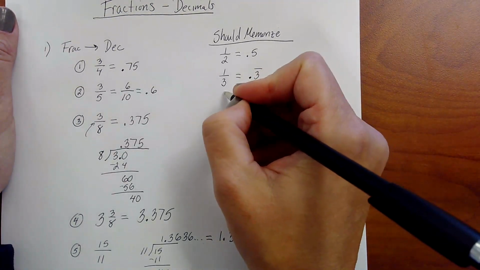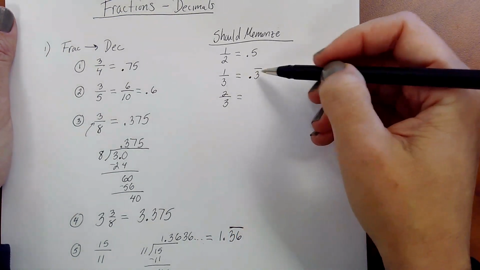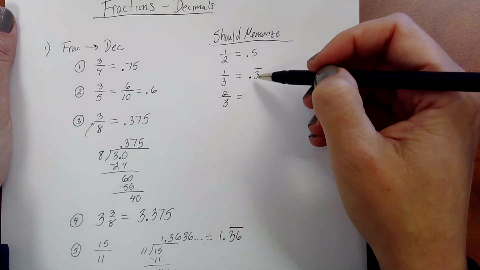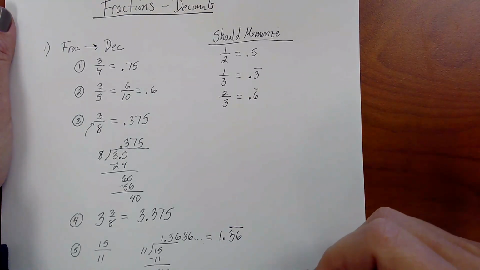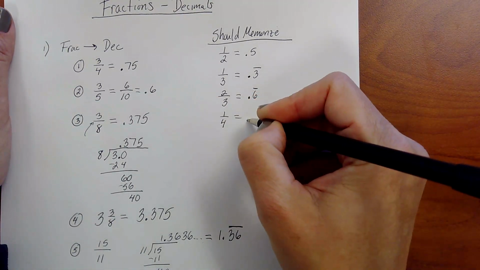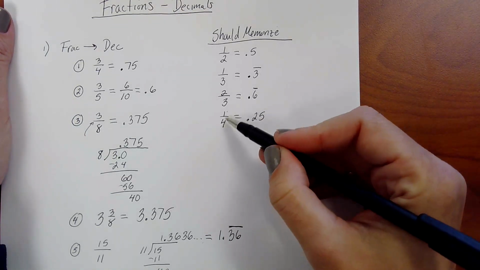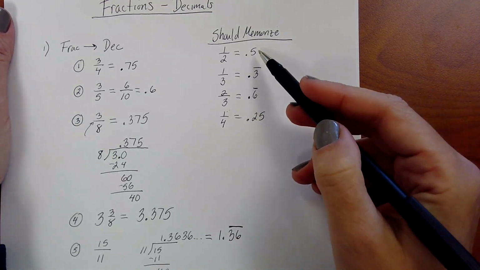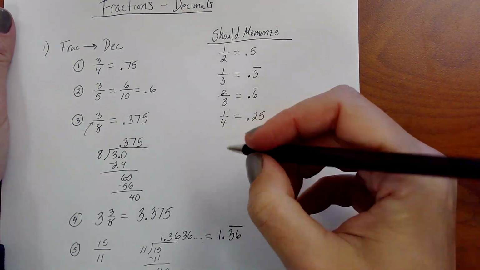So then if you know 1/3, you know 2/3. If 1/3 is 0.3 repeating, you add that to itself, you're going to have 0.6 repeating. That's what 2/3 is. You should know a fourth is 0.25. And then again, once you know 1/4, you'll know 2/4 is 0.5. 3/4 is 0.75. You can build off of it, right?